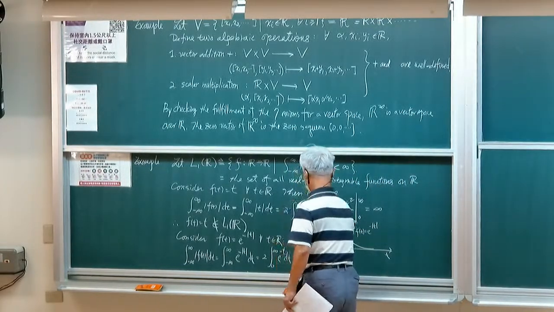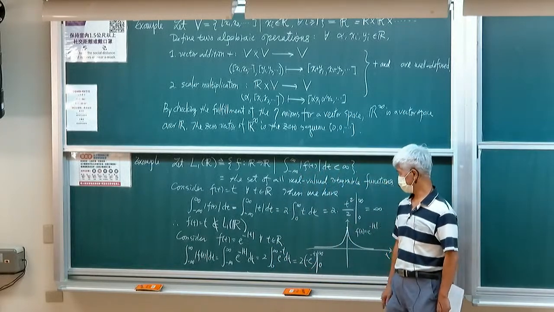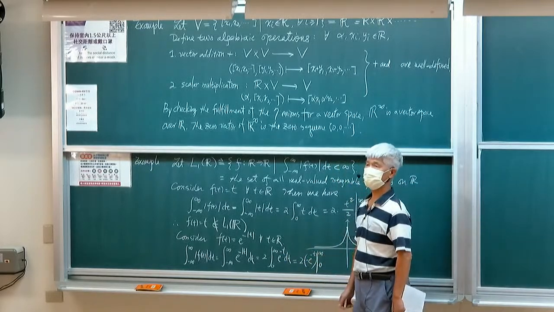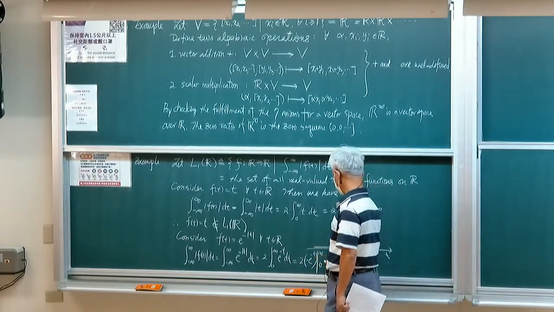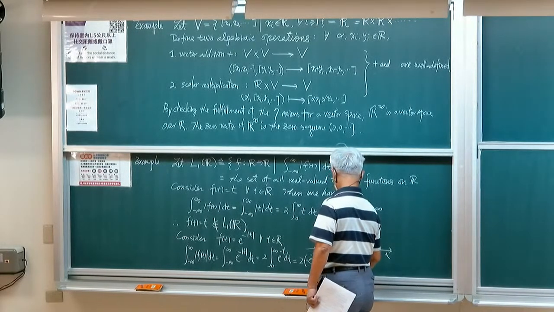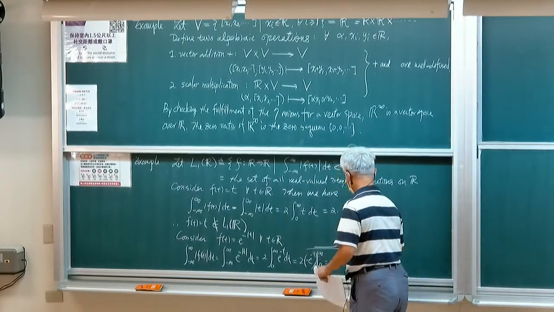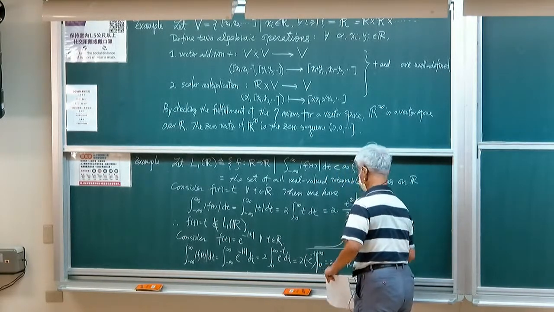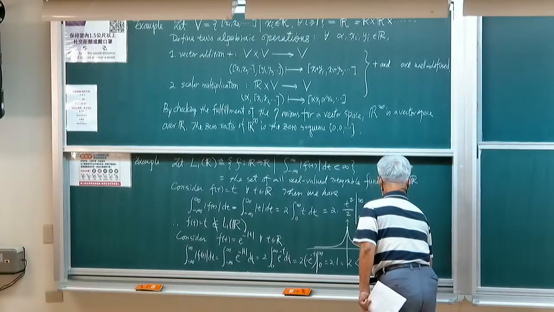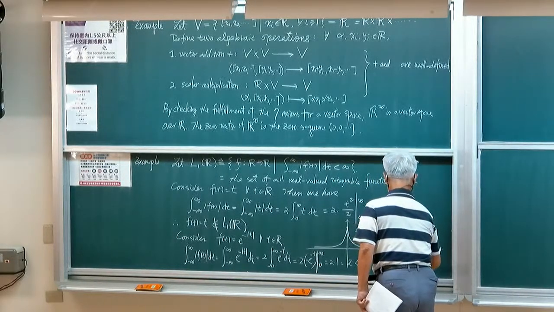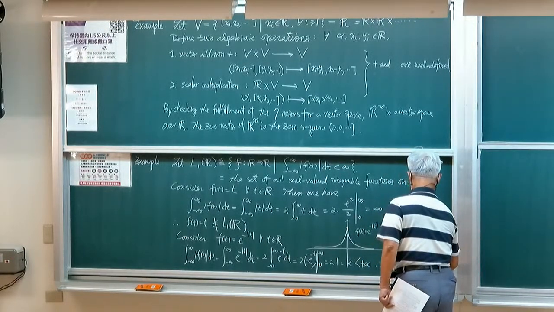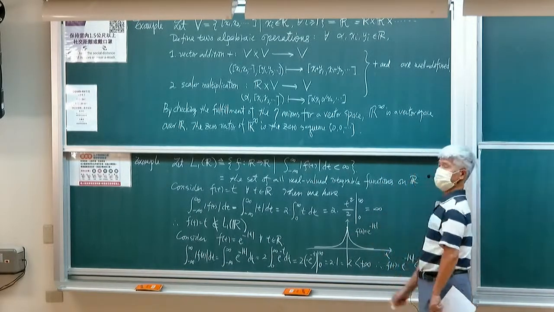This is the antiderivative of the integrand. So this is 2 times 1, so this is 2, which is finite. So f(t) equal to e to the minus absolute value of t is in our L1(R).